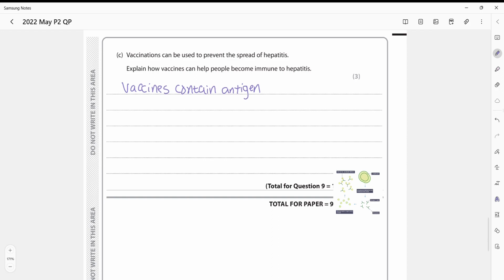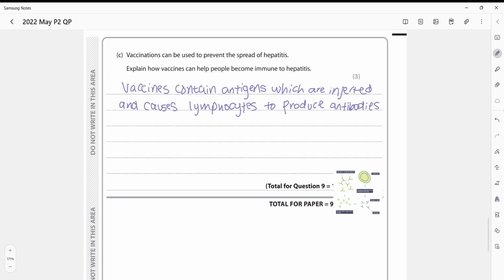So vaccines contain antigens which are injected and cause lymphocytes to produce antibodies against it. And the reason why vaccines are effective is because of memory cells.